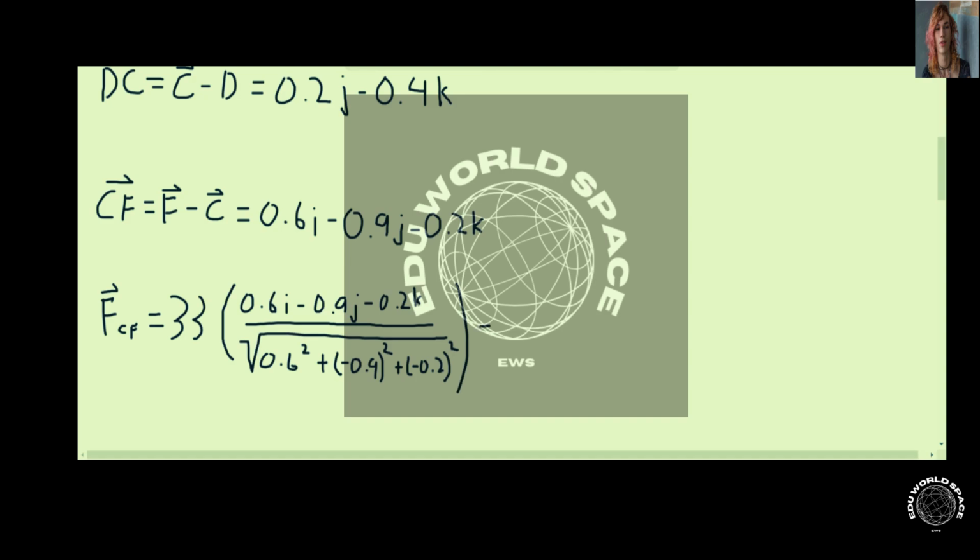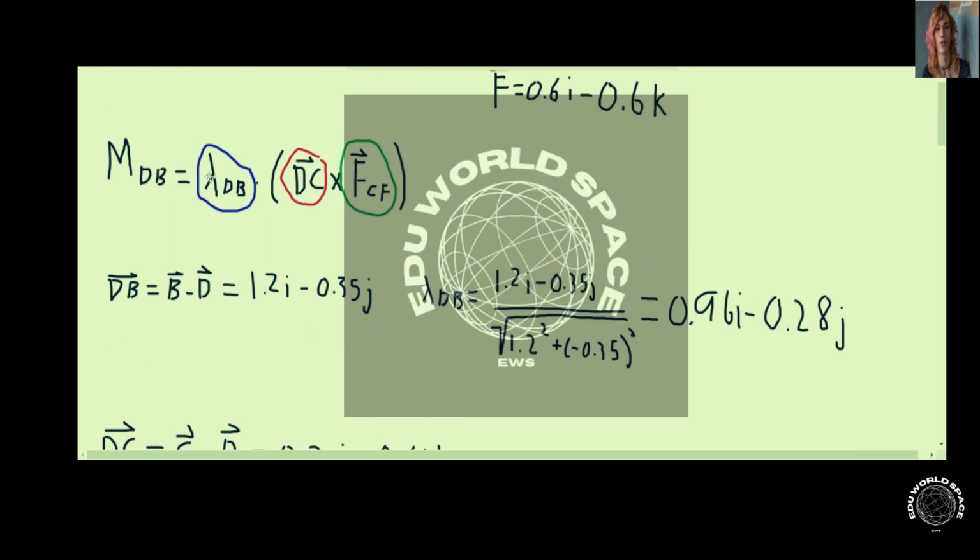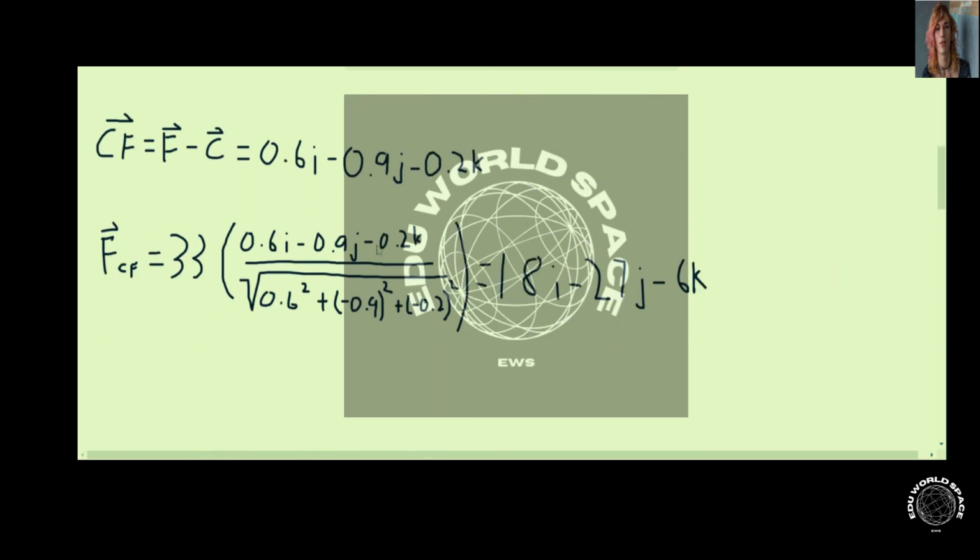And this will give us a force vector of 18i minus 27j minus 6k. And we now have our terms to plug into this equation.